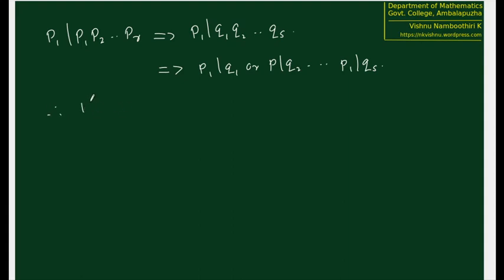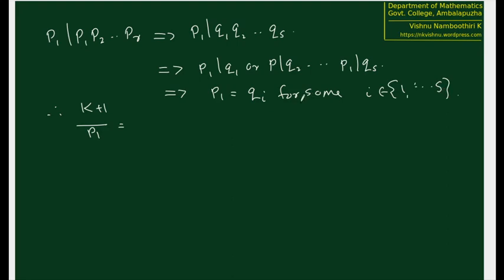So we will remove p1 from both sides. One more thing is that p1 and q1, q2, etc. are all primes. Therefore p1 is equal to qi for some i in 1, 2, etc., s.